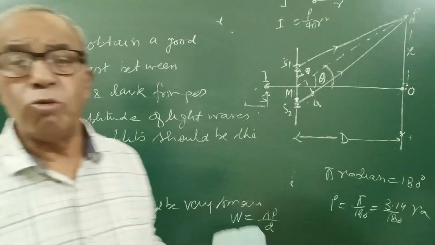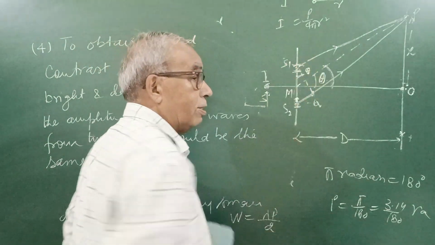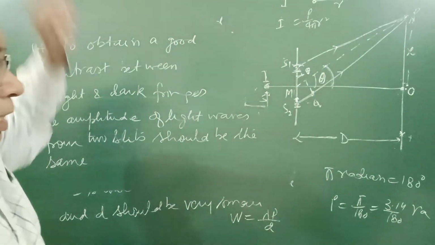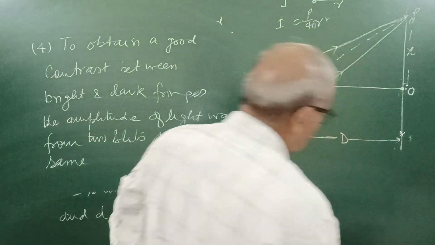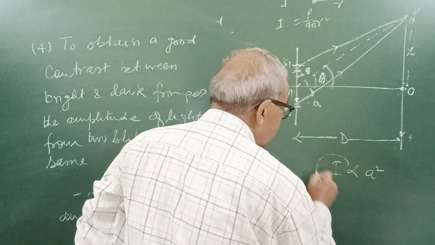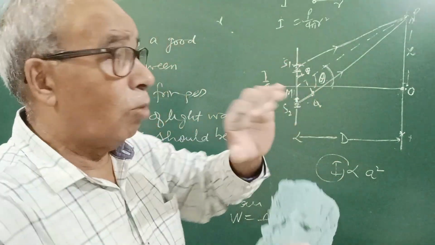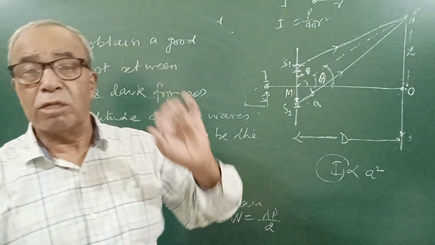How will the amplitude be the same? How can you do it by making equal width of slit? Intensity is proportional to square of amplitude, or intensity means amount of energy coming out. So how much energy comes out depends upon width also.